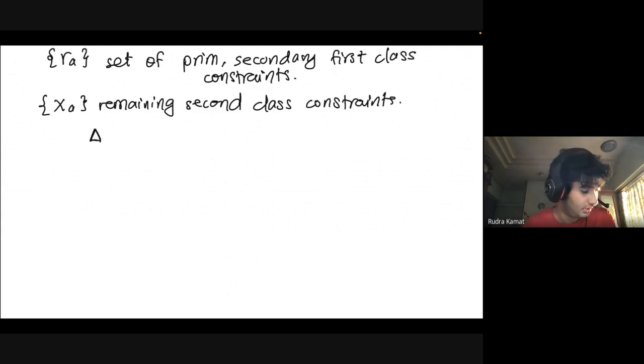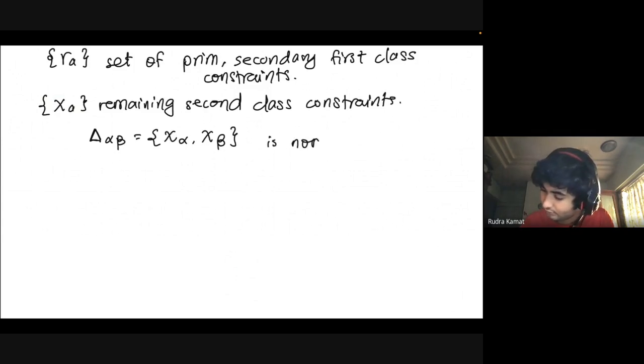That means the Poisson bracket of this set with itself, the second class set of functions with themselves, is going to be a non-singular matrix, because if it's singular then one of them has to be first class, and that's really not the right idea. So the Poisson bracket of chi alpha, chi beta is non-singular.